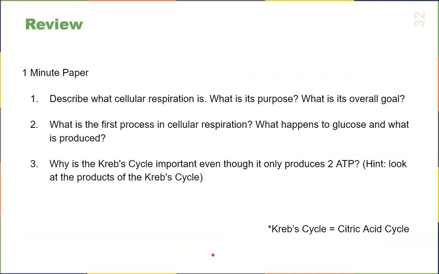This is one review method that I like to do with my students. I call it a 1-minute paper, but I give them more than 1 minute. The major thing to write about that I want them to summarize is to describe what cellular respiration is, what the purpose and goal are, what the first process of cellular respiration is, what happens to glucose and what's produced, and then why a Krebs cycle is important even though there's only 2 ATP that are made.